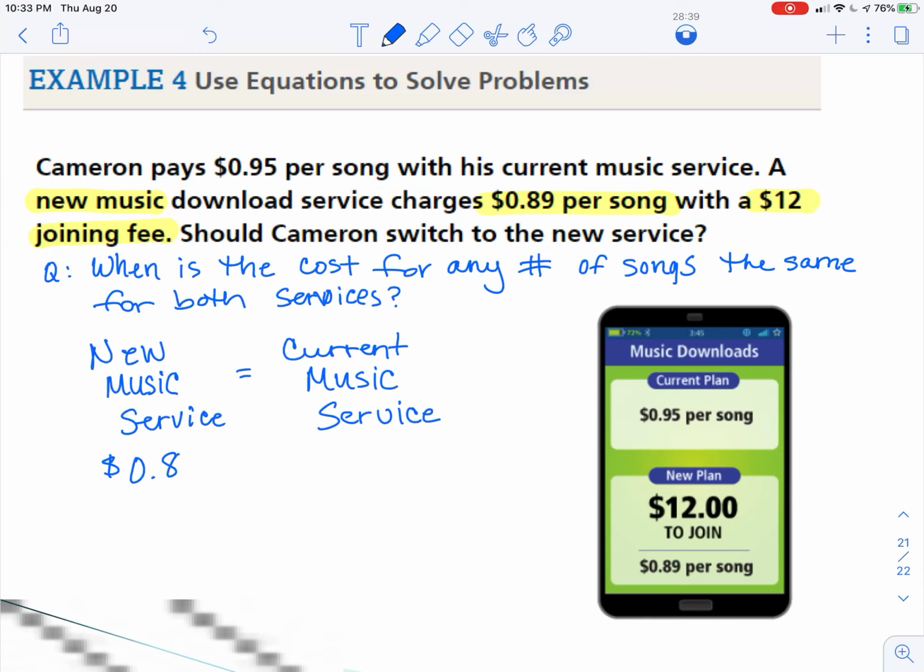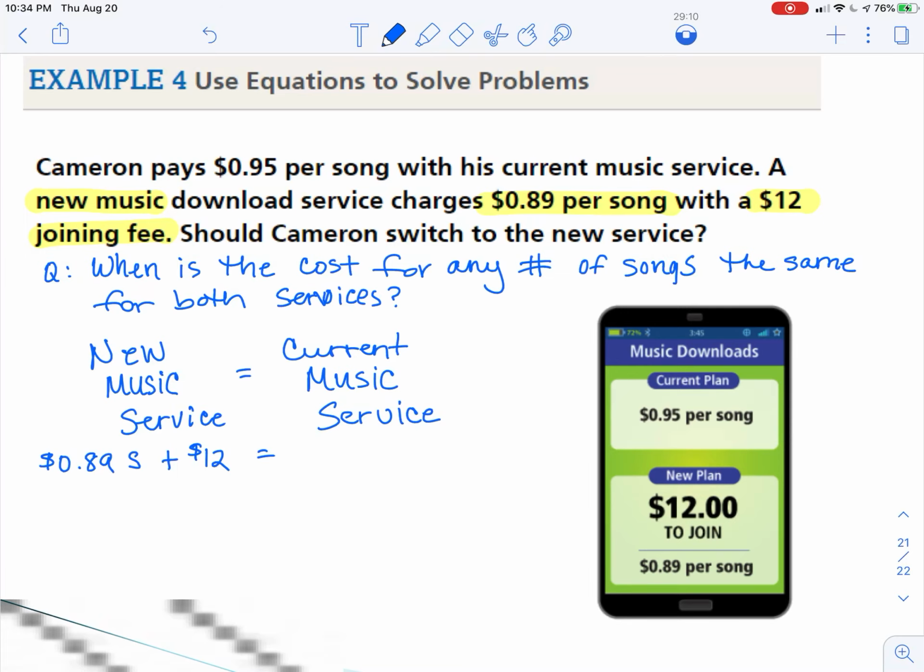So the new music service is 89 cents per song, and S is going to represent the songs. Plus, 89 cents per song, plus there was the $12 joining fee. Okay, that would give us the cost of Cameron's new music service.